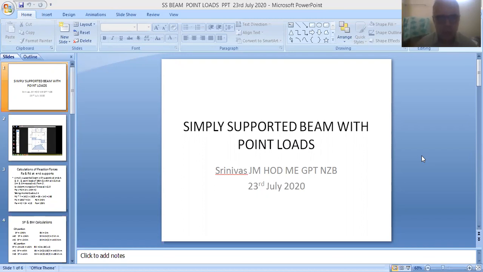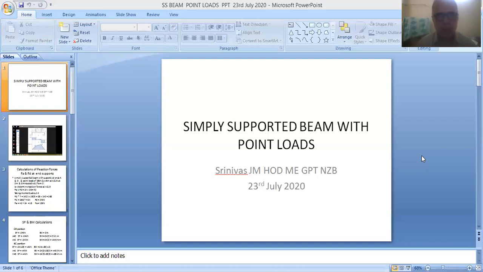These beams are used for construction of structures. They're very essential for construction of structures, and therefore they are called members of structures.